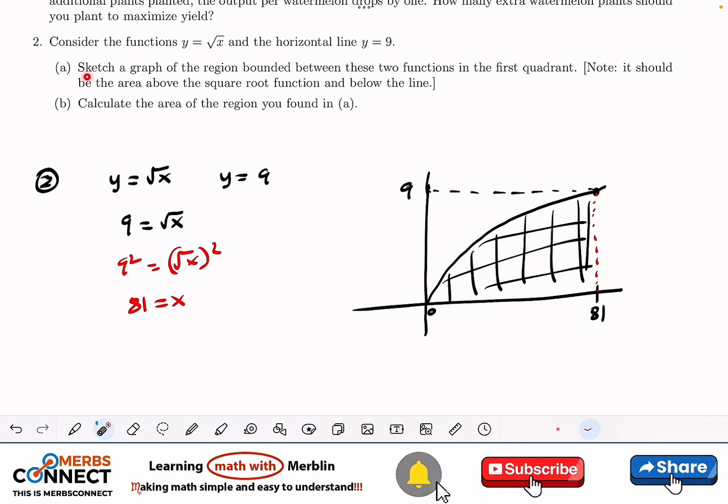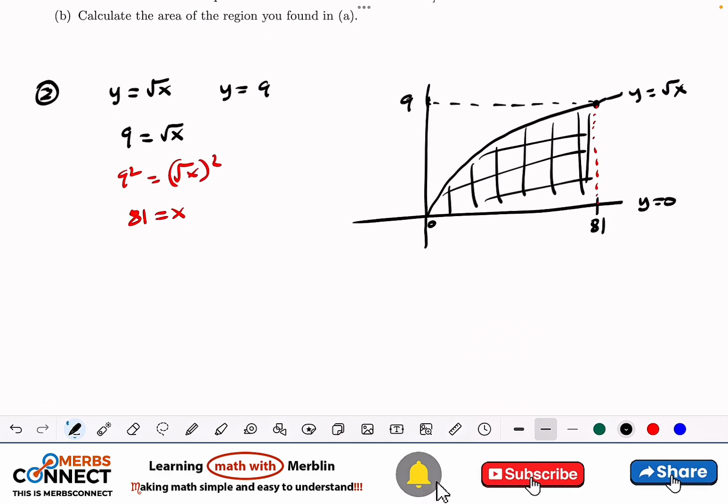So the first question was that we should sketch the area. So this is what we need to do. The last one is for us to do the integration. So for us to do the integration, remember, it is always the above minus the below. But below here is on the x-axis, and on the x-axis y is equal to 0. And then this graph is when y is equal to root of x.